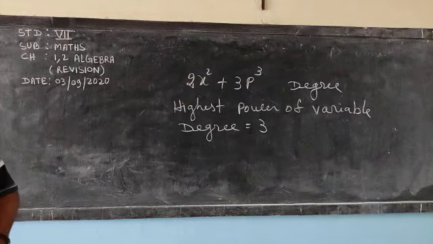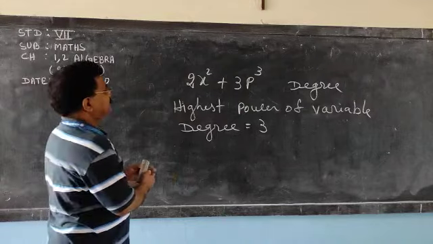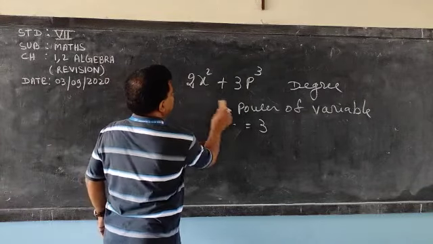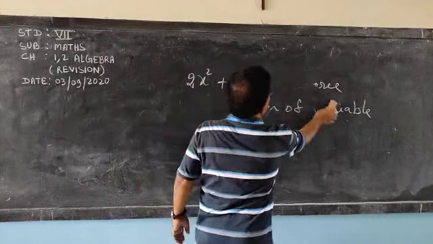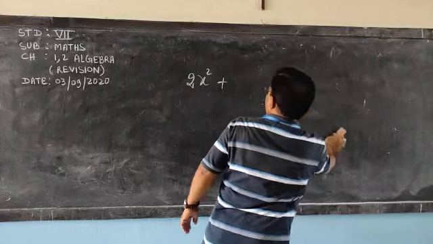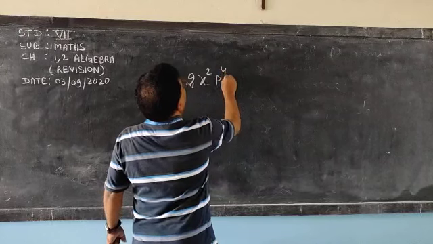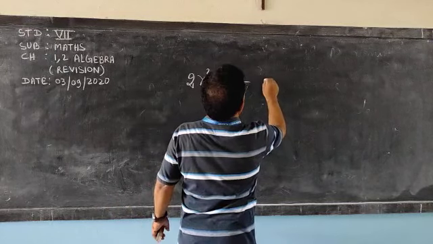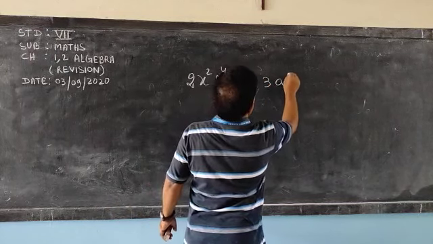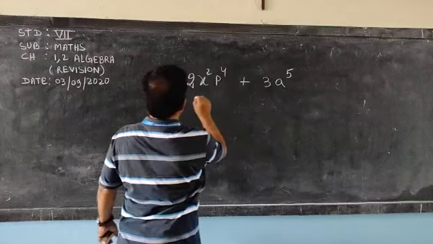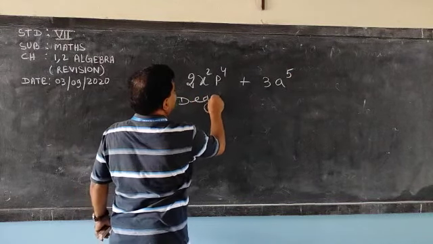And if I am writing like this, p to the power 4 plus 3a to the power 5, and asking to find the degree.